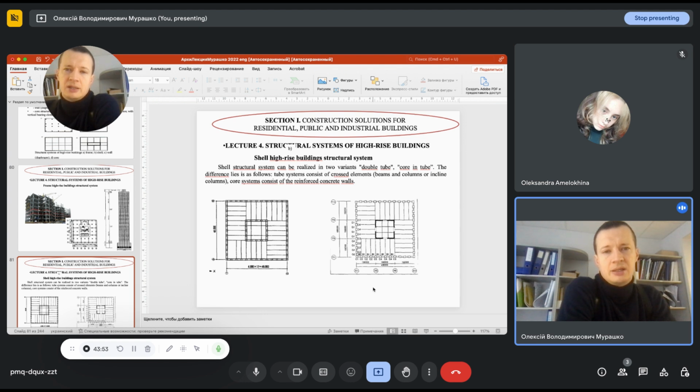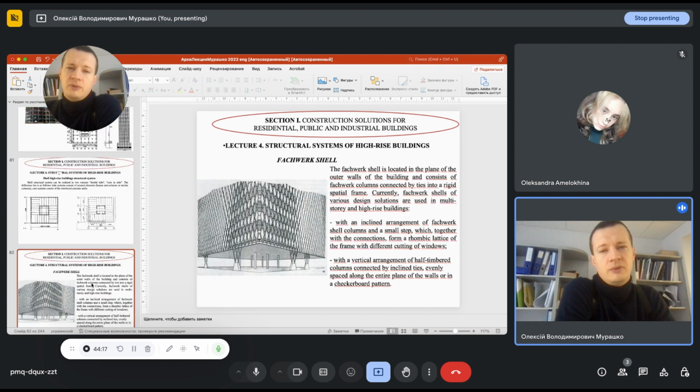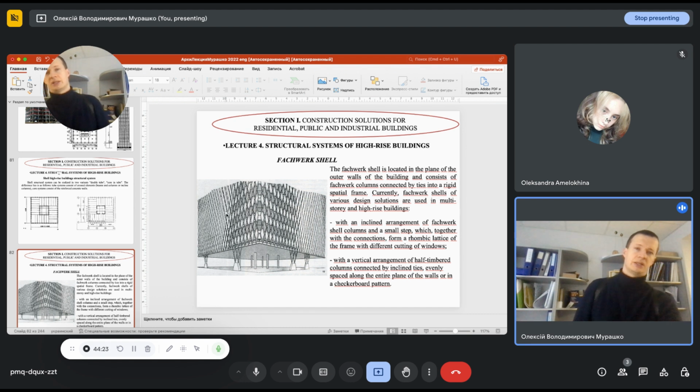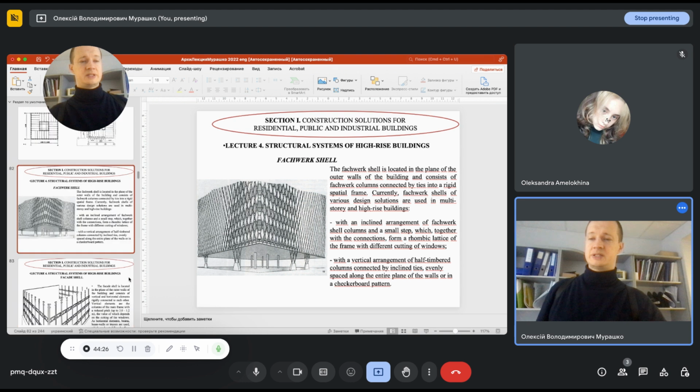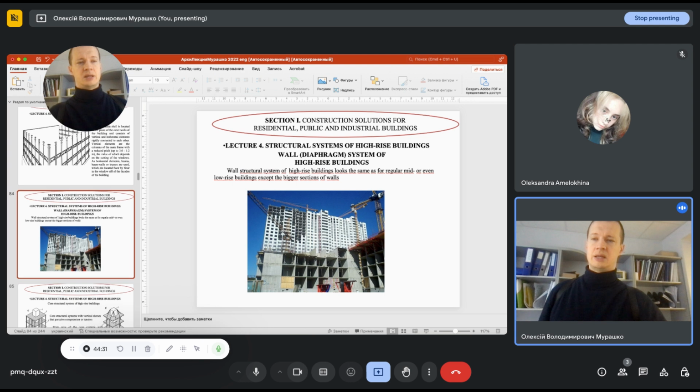It is core in tube because the tube at the perimeter consists of columns with beams, and in the center we have a core. It is called a double tube: two tubes which consist of vertical and horizontal elements. Another variant of multi-story buildings is also a shell building, the fachwerk shell facade and facade shell. It also looks similar.